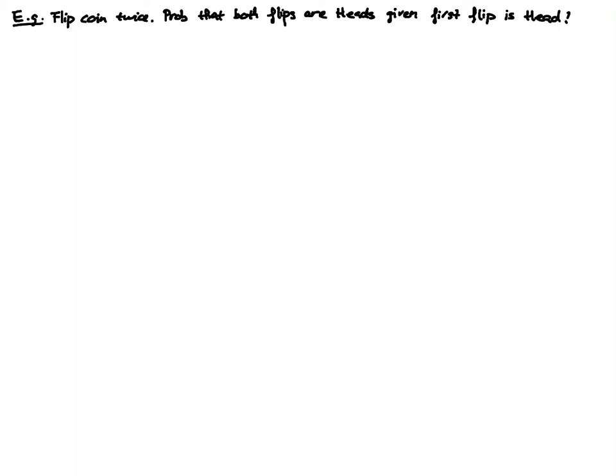Now, first off, note that this is a fairly simple experiment, right? So we can go ahead and list all the outcomes, and we're going to have 4 outcomes total. We can have head-head, head-tail, tail-head, and tail-tail.